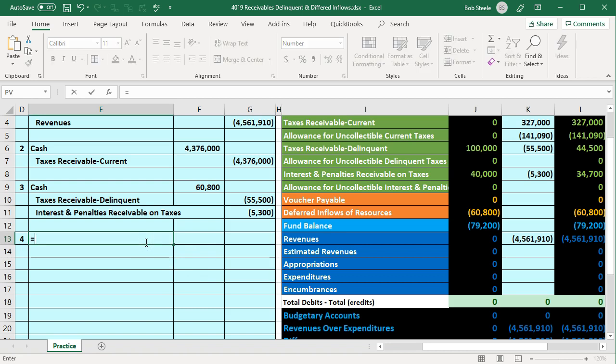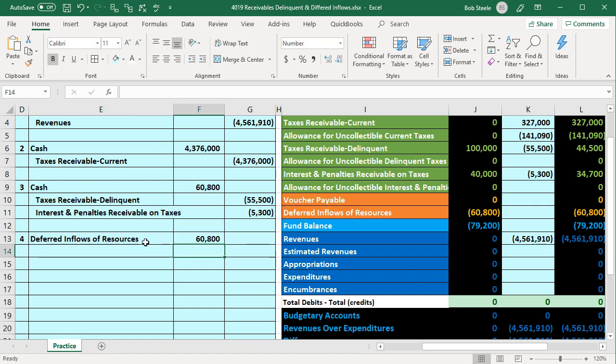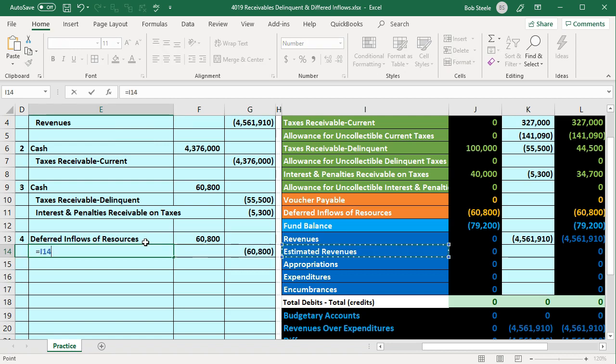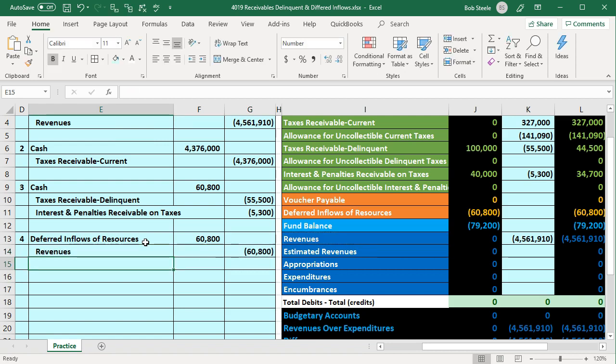So I'm going to say that we're just going to reverse this. This is going to be equal to the 60,008, and I'm going to put the credit on the other side, and we're going to now record the revenue. So note what we're doing is increasing the revenue at the point in time that we got the cash. So it's the modified accrual accounting. We are, in essence, recording the revenue when we received it.